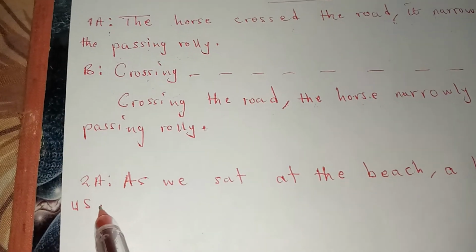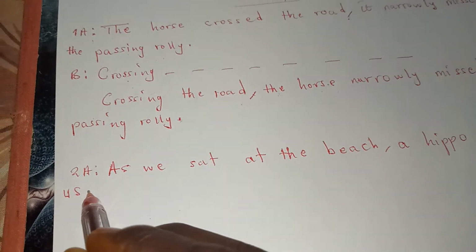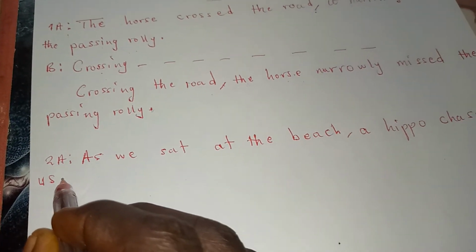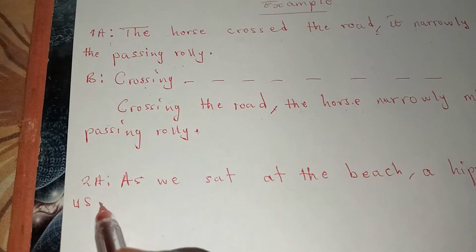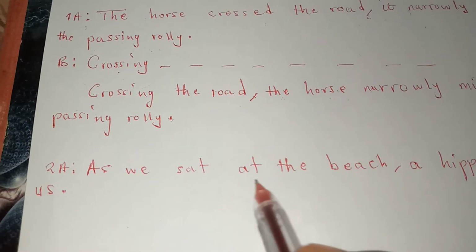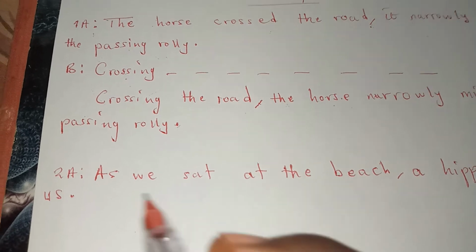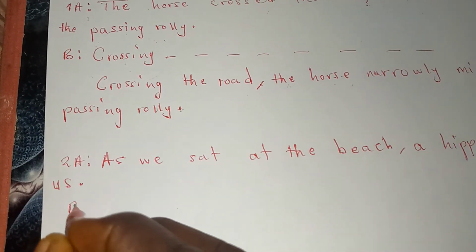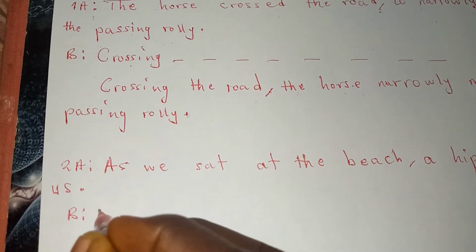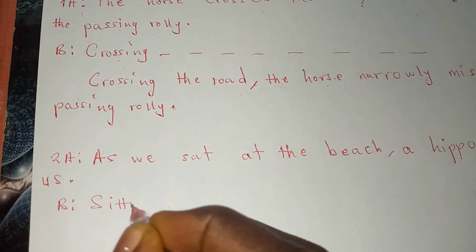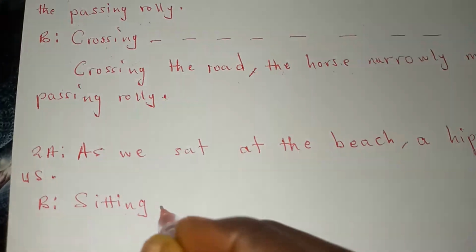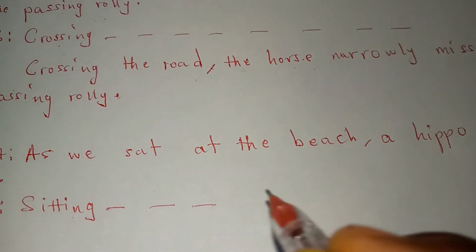You can try this one before I give you the answer, so that you see if you are getting something. As we sat at the beach, a hippo chased us. Then they say begin: sitting. So how do you think this one may be related?